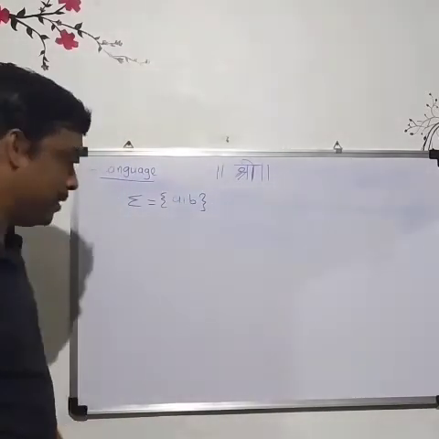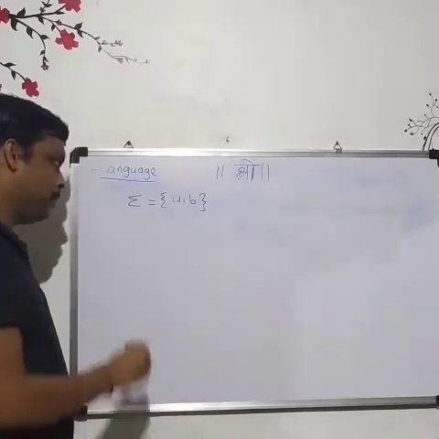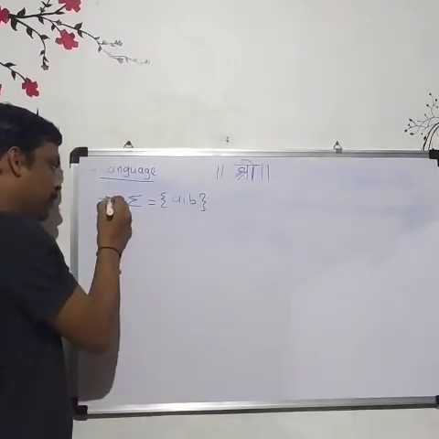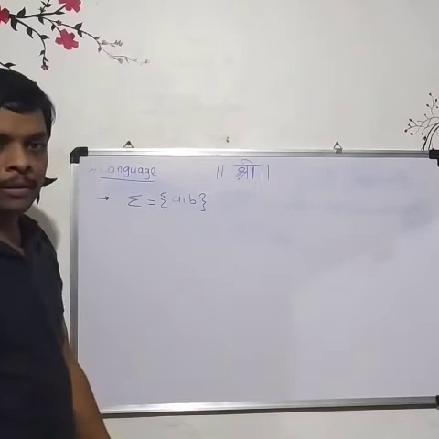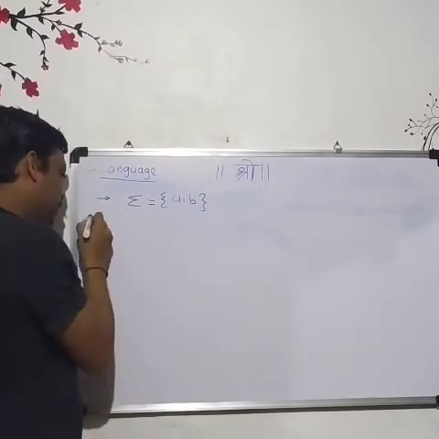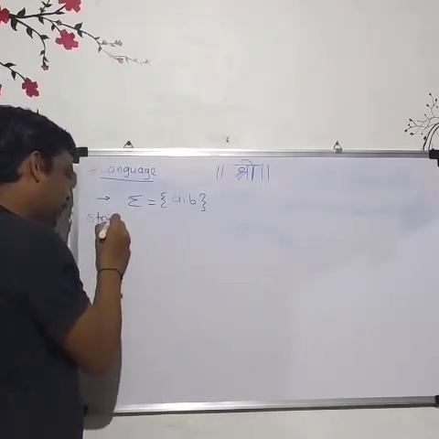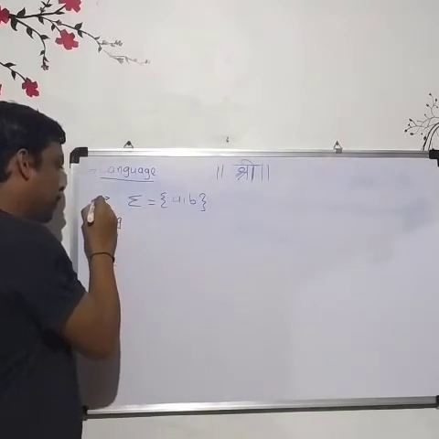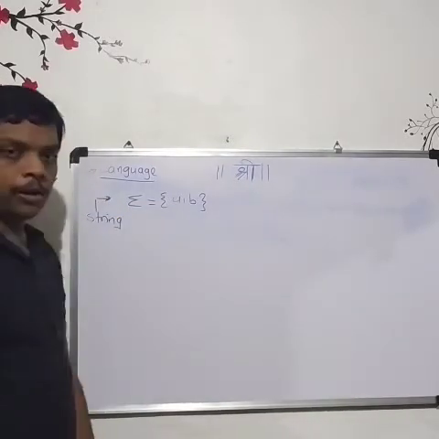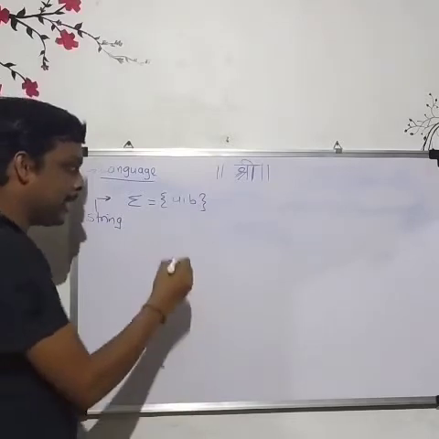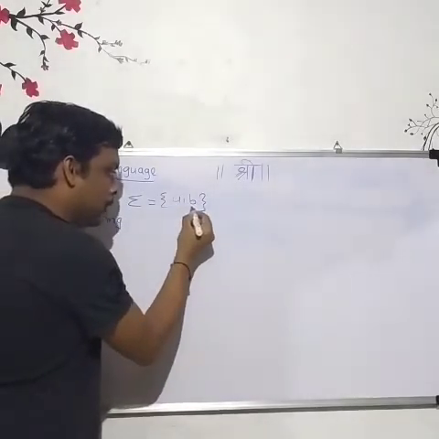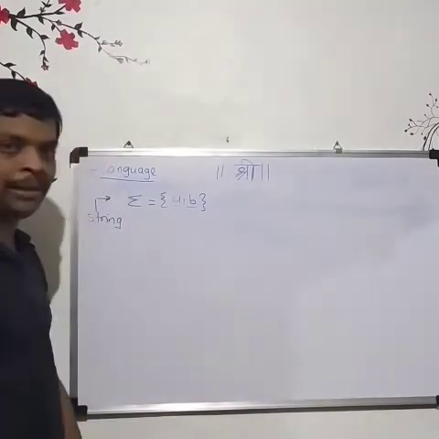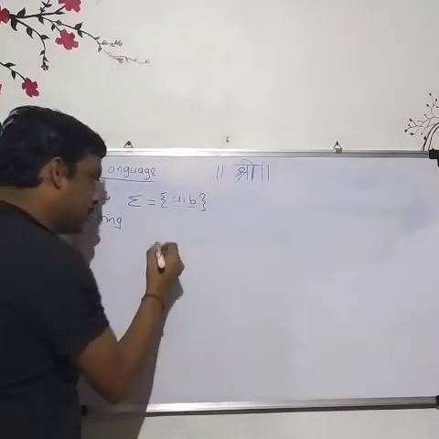In our previous session we already discussed that after defining alphabet sigma, later on we can define strings on this alphabet sigma. So what is a string? A string can be any combination of symbols which are present in the alphabet.